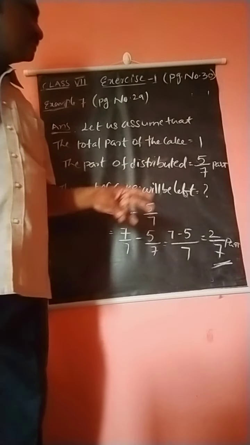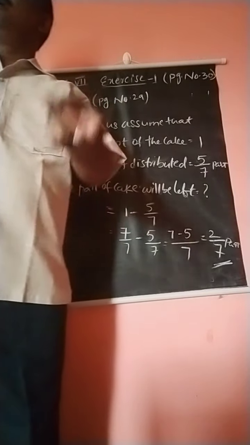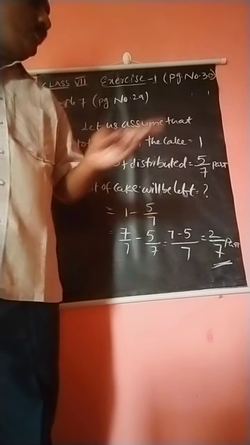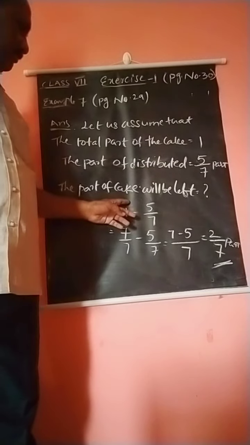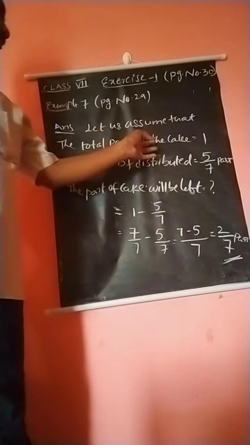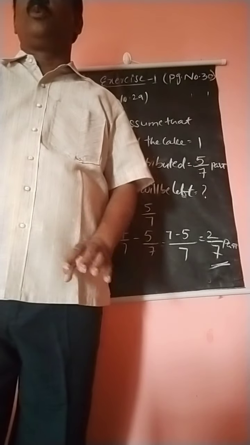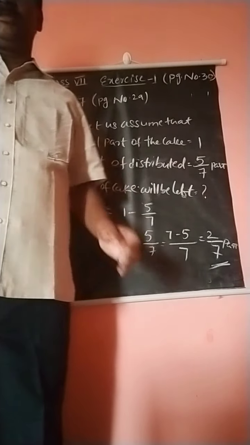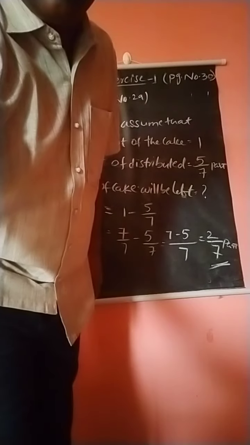The second is the Ahmad problem, the course completed problem. And next is the birthday cake problem, Example 7, page number 29. Practice these 3 problems more and learn them. The next problem will continue in the next class. Okay, children.